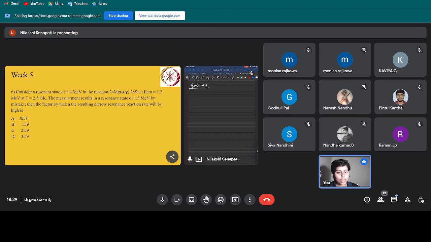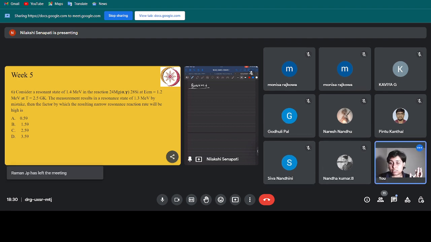We just need to calculate the reaction rate ratio of one with respect to the other. They have asked about the factor, by which, if we multiply, we will get back the original thing.